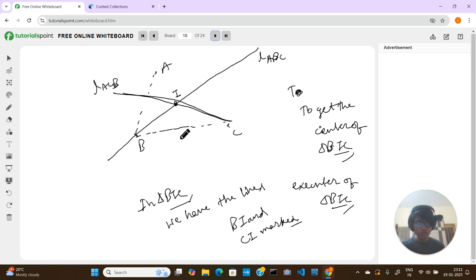So what you can do now is, can you get a point on this extended line BI? If you can somehow get a point on this extended line BI, then you can basically construct the excenter of triangle BIC.